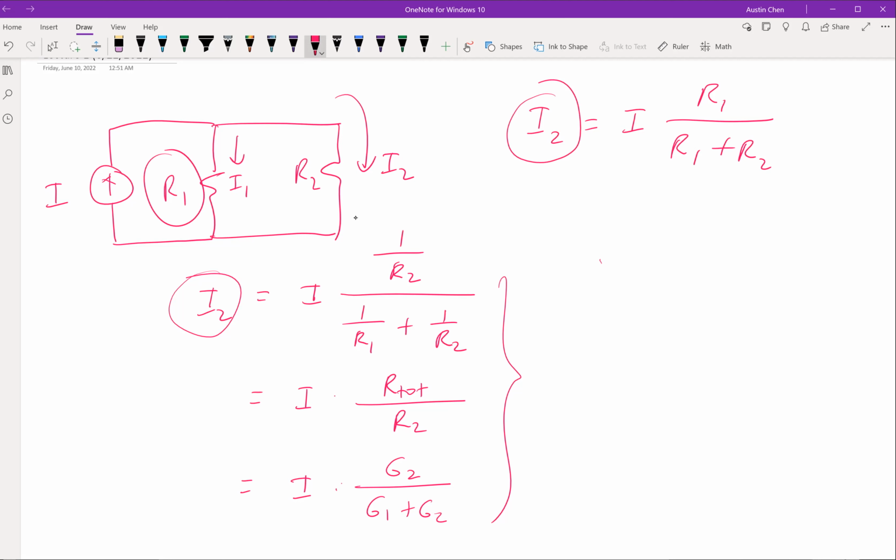So I2, this current passing through R2, is equal to the current I, whatever this current is, times this resistor, which is not the resistor with this I2 flowing through, but is the resistor associated with the other branch. I have two resistive branches here. So instead of using R2 on the top, I'm going to use R1 over here.